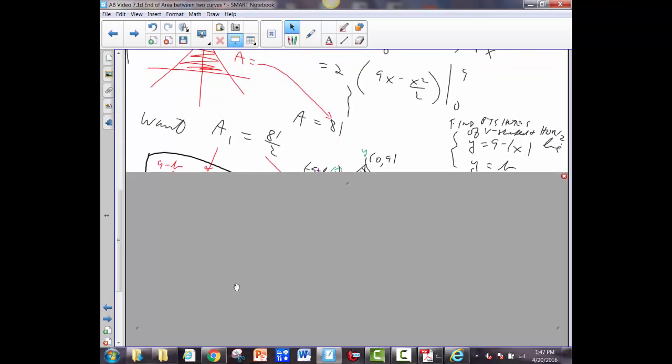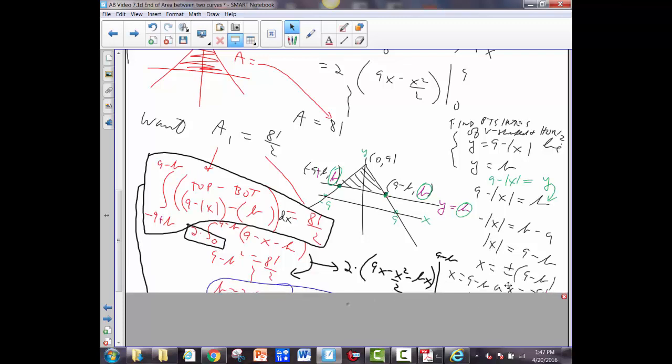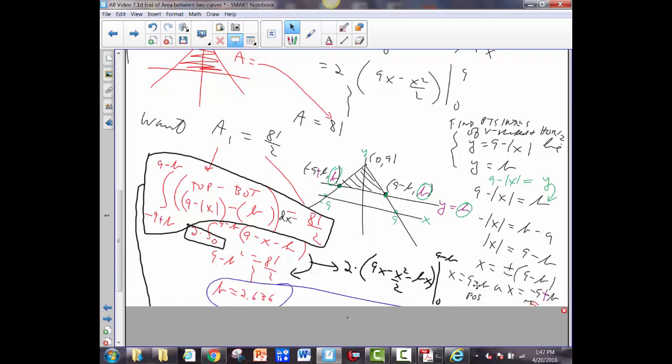But what I want is to draw this line y equals b so that, for example, this top piece, I'm going to take the triangle, has an area of half of 81, which is 81 over 2. So the area of this region, it's bounded on the left by, now if that height is b, if you plug b into your equation, you'll find out that x is plus or minus 9 minus b, which is 9 minus b, negative 9 plus b.